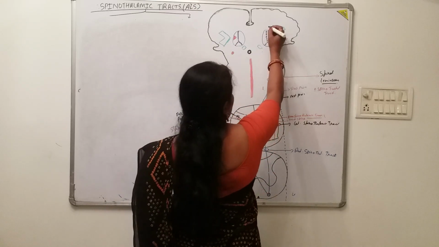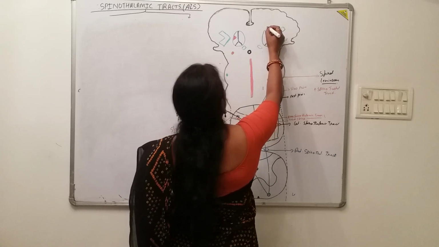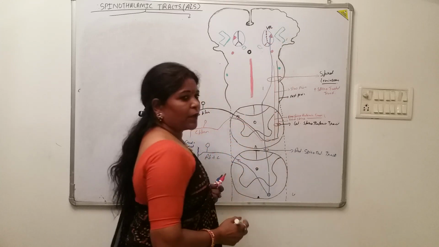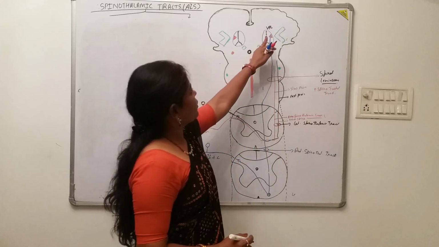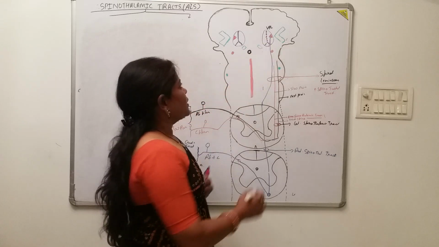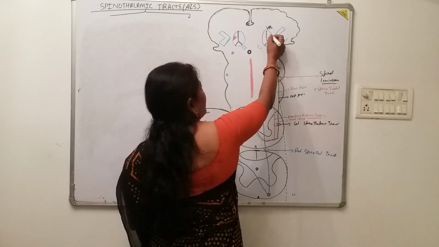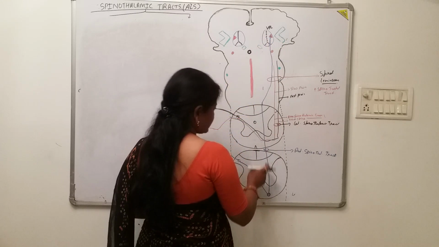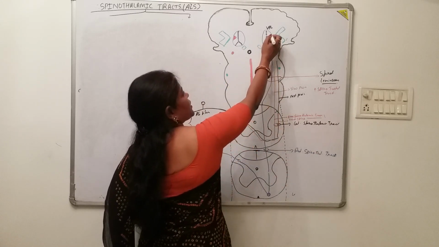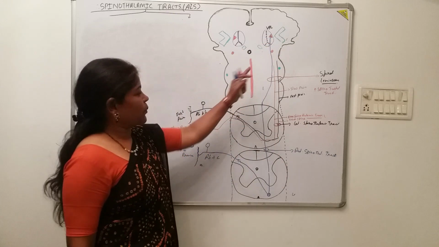What are the nucleus here? That is the ventro-posterolateral nucleus, VPL. That is the ventro-posterolateral nucleus of the thalamus. Okay. This is the third order neuron for the anterior spinothalamic tract, and the fibers terminate here in the thalamus.